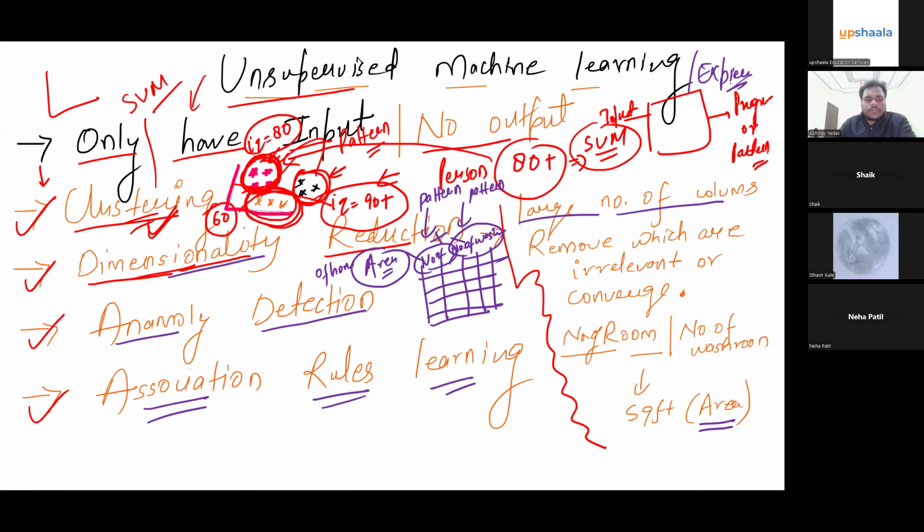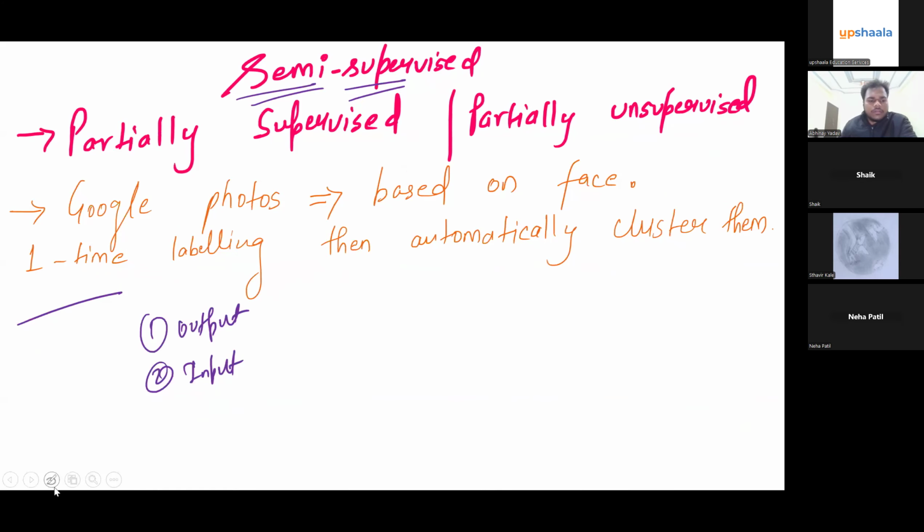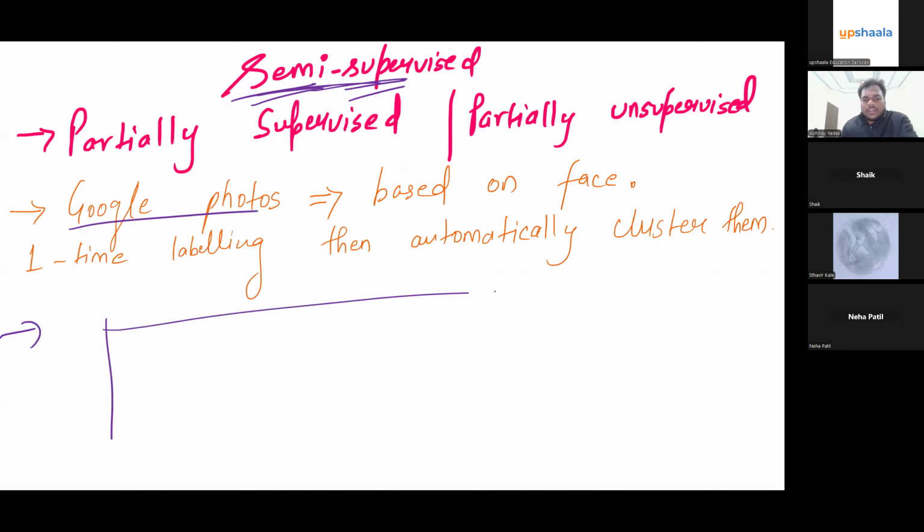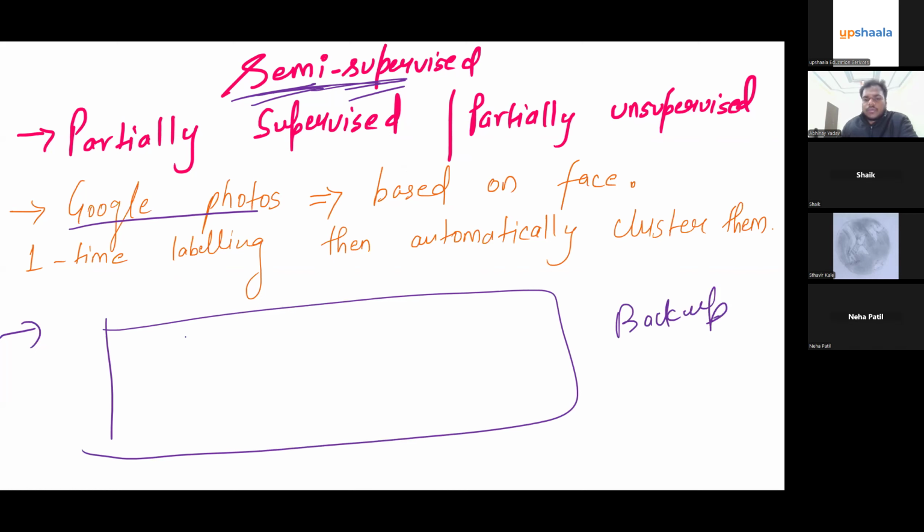Okay, moving to this one, because we need to finish this also, since for deep learning we are reading machine learning. Starting with semi-supervised machine learning, take a quick example of Google Photos. Suppose you take a backup of your Google Photos.